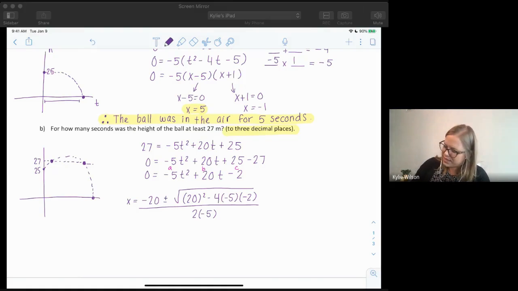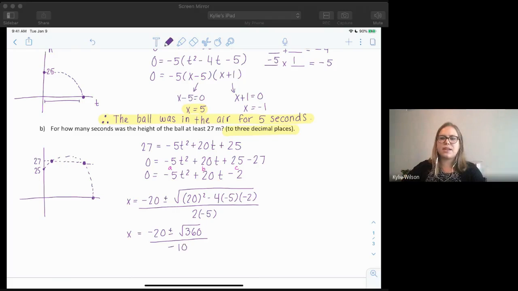And that will give us x equals negative 20 plus or minus, just going to do this long thing in my calculator, the square root of 20 squared minus 4 times negative 5 times negative 2, plus or minus the square root of 360, all over negative 10. And remember that plus or minus basically makes it so that this is 2 equations in one.